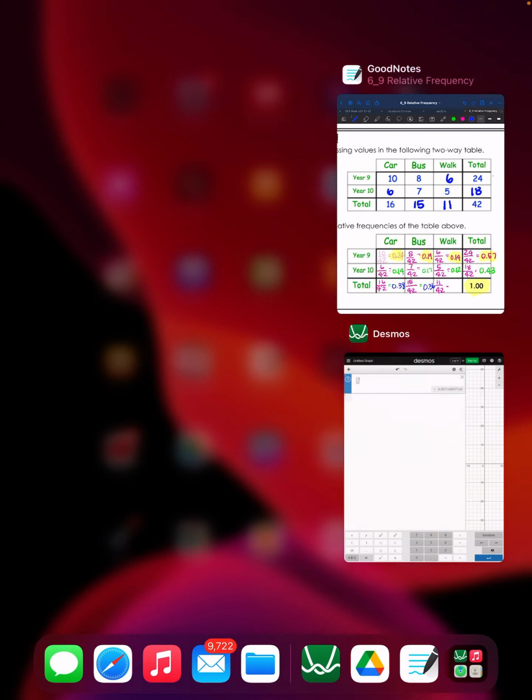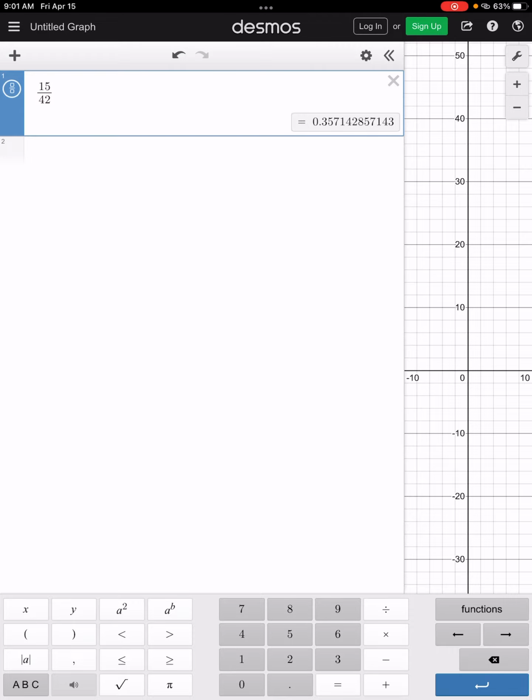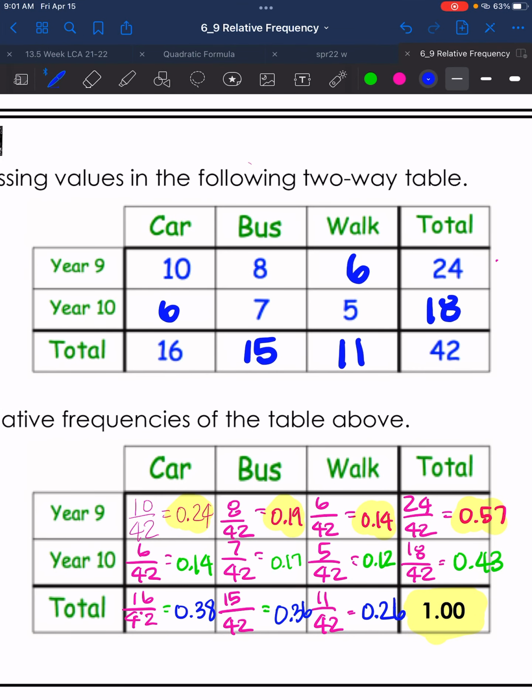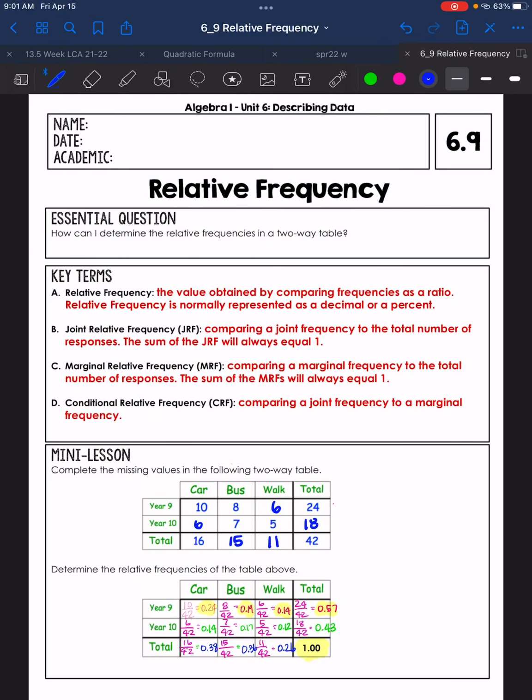And then 11 divided by 42 is 0.26. All right, now we have found all of our relative frequencies and we are finished. So relative frequencies just give us the decimals or the percentages, just like our definition said before.